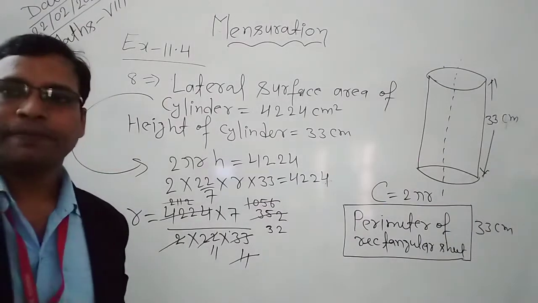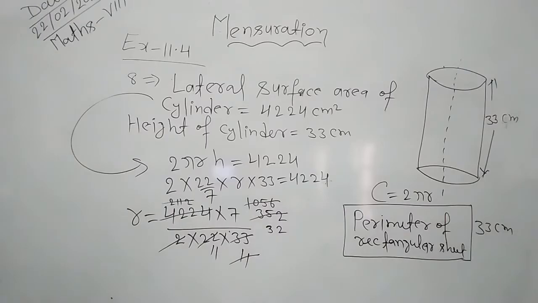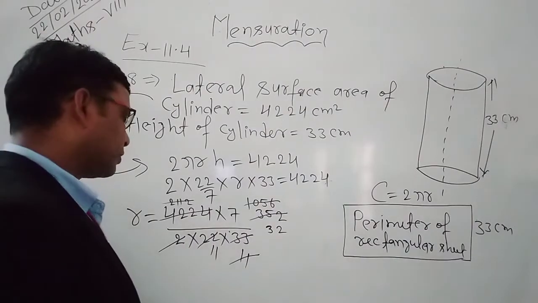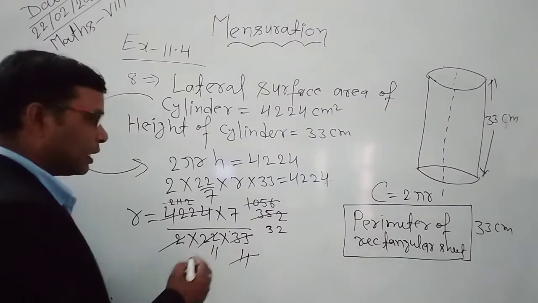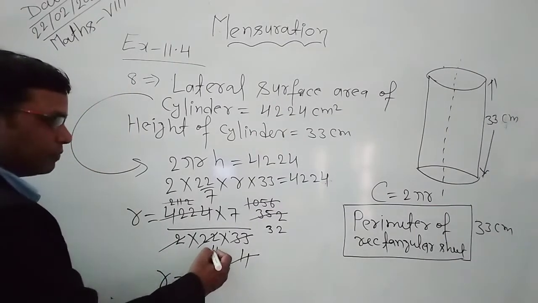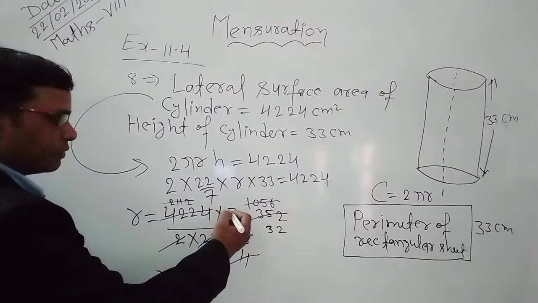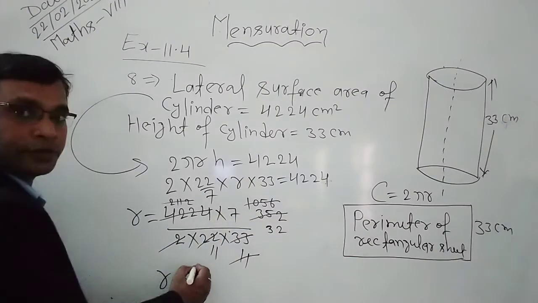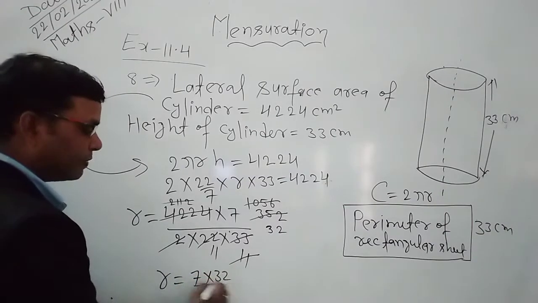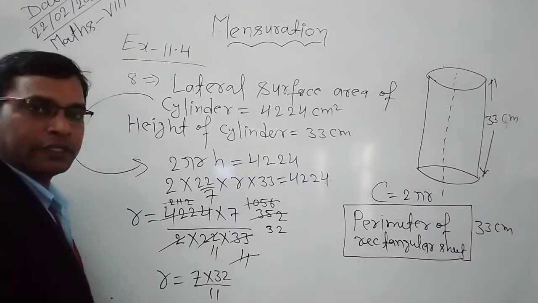So student, here you can see the radius is equal to 7 into 32 by 11. This is clear?